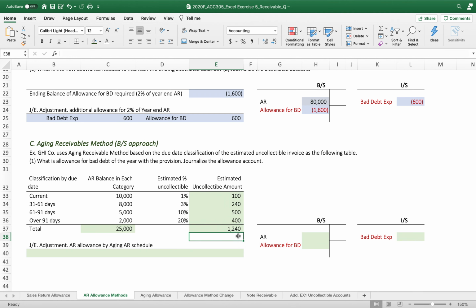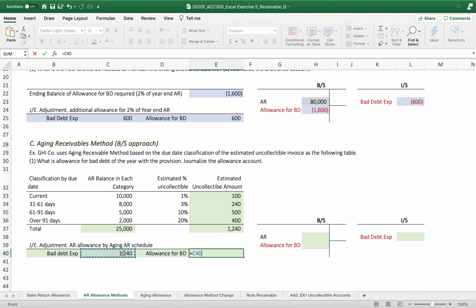And 1,240 is the allowance for bad debt. So let's put bad debt expense 1,240, and allowance for bad debt also 1,240.